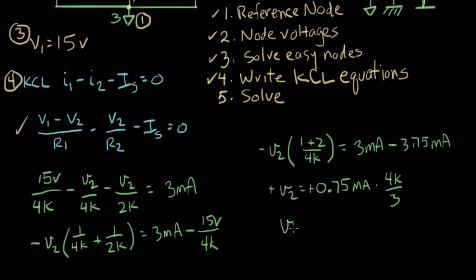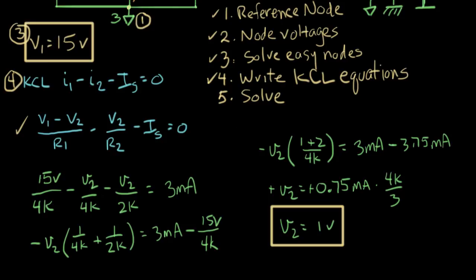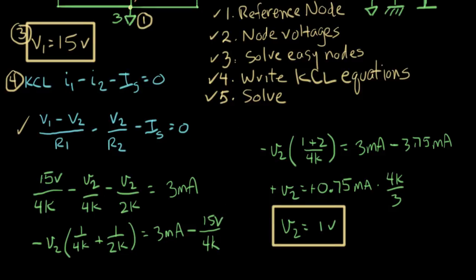And V2 equals 1 volt. That's good. We solved it. We solved for our two voltages. We have one here and we have one over here. And we can check off the last step. So that's our first application of the node voltage method.